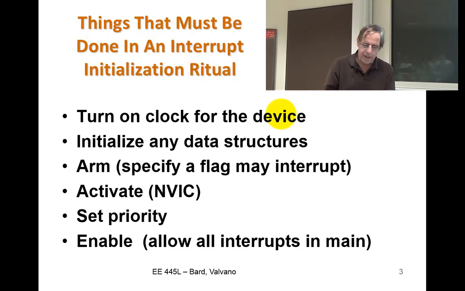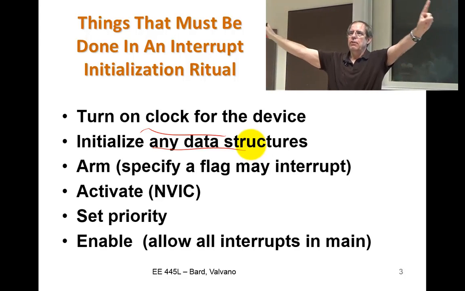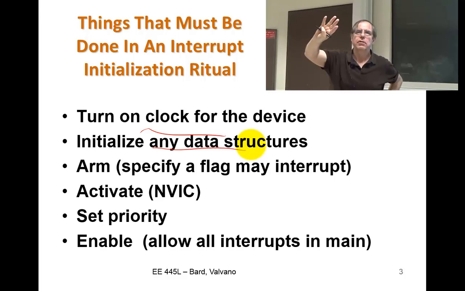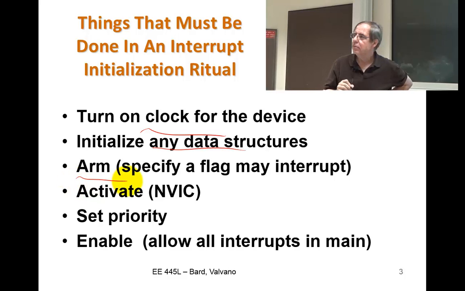In general, what we've got to do is this is an edge-triggered interrupt. As with any port, we've got to turn on its clock. We've got to set up any data structures. As we saw, there were 4 steps to create an interrupt. They're listed here, by the way. What are the 4 things that have to be true for an interrupt to be requested? I've got to arm it. That's a bit in the GPIO register.